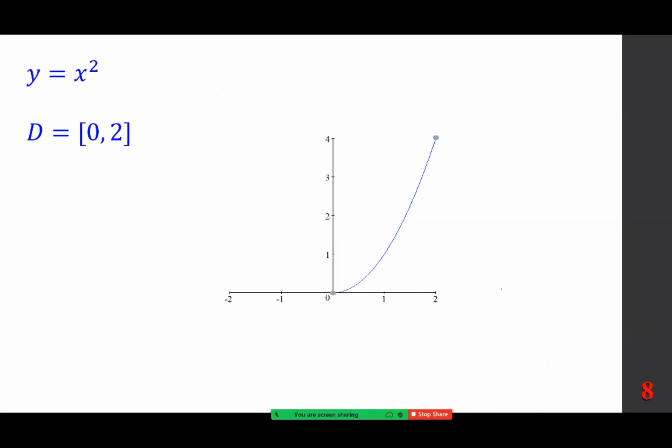We're going to change it to a closed interval of 0 to 2. So this is the location of an absolute min. This is the location of an absolute max. We don't have local extrema.